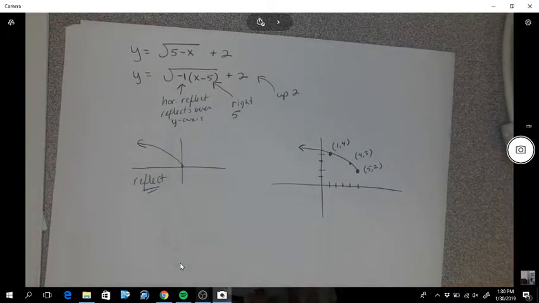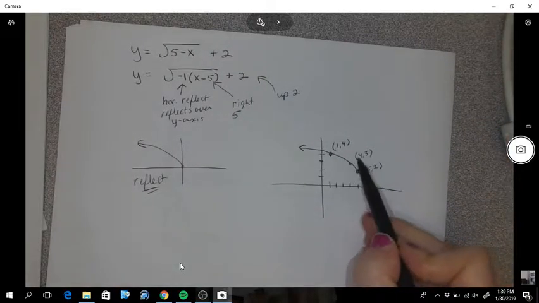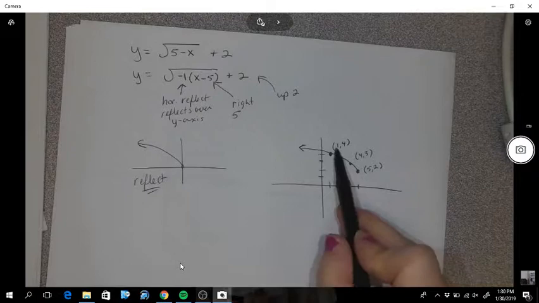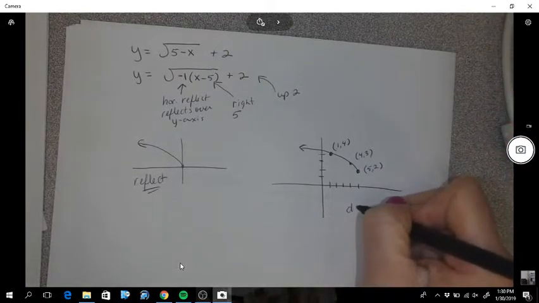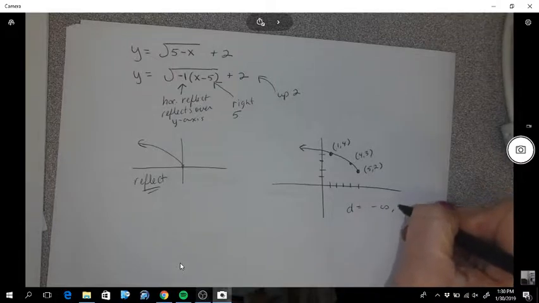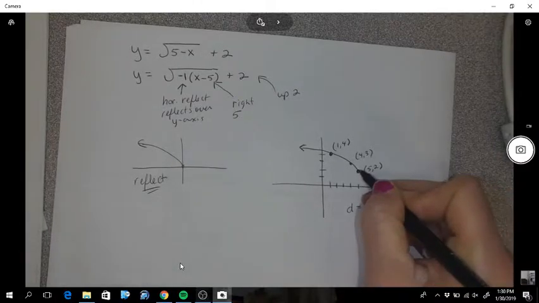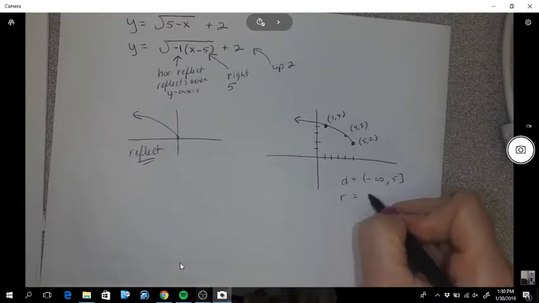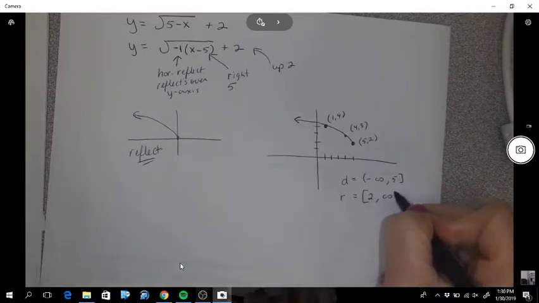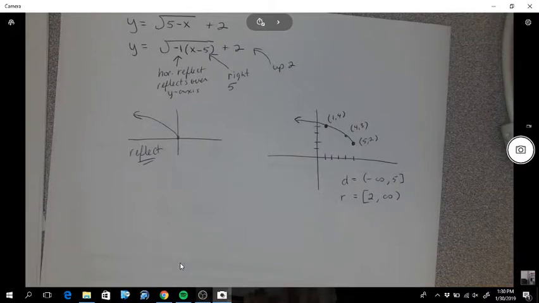So 5, 2 is my starting, and then you can see my pattern, 1 over 1 up, 4 over 2 up. The domain would be from -infinity to 5, and then it stops, and then the range would be the lowest of 2 and highest infinity.